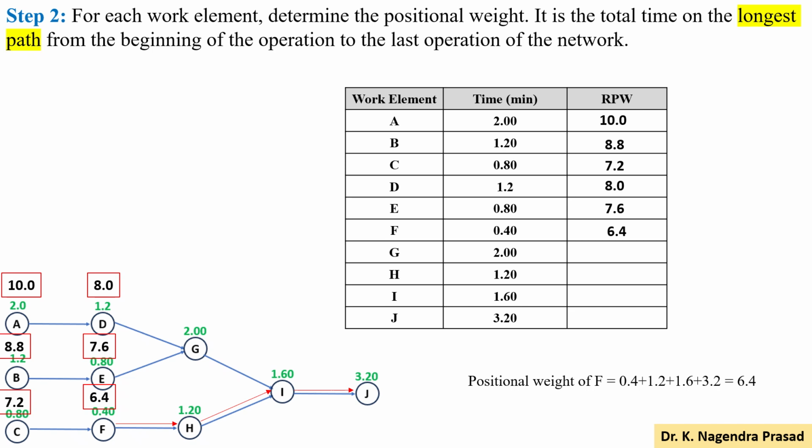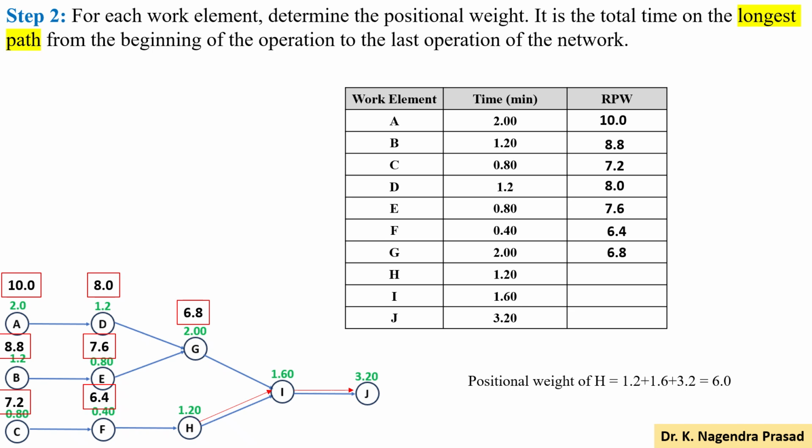And next is the G. For the work element G, the longest path is GIJ, and its positional weight is 2 plus 1.6 plus 3.2. It is 6.8. RPW value for the work element G is 6.8. And next for the work element H, the longest path is HIJ, and its positional weight is 1.2 plus 1.6 plus 3.2.